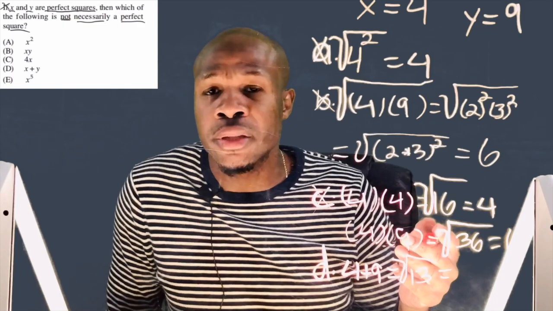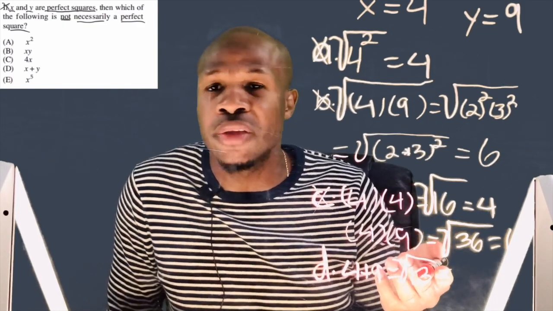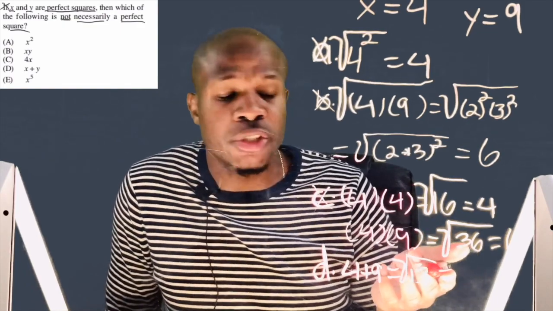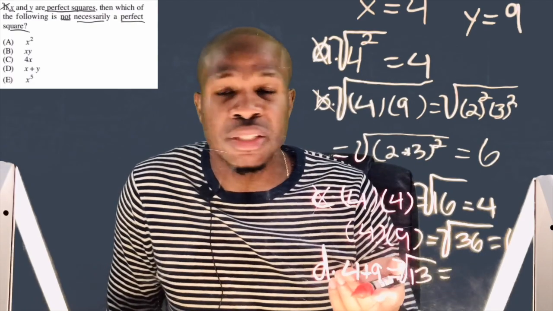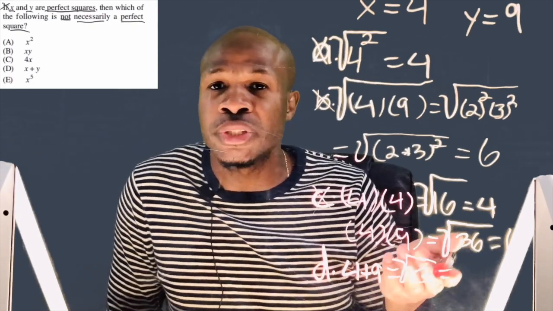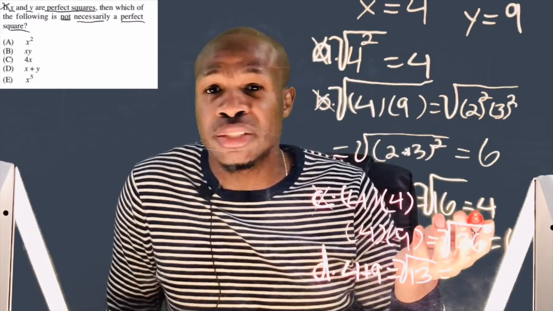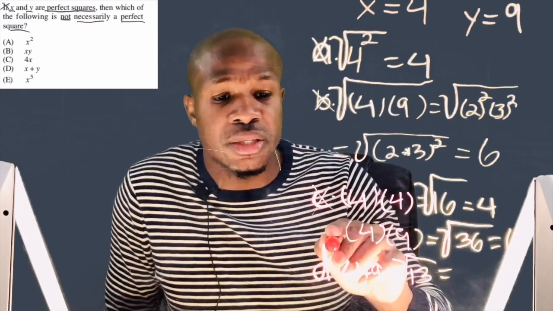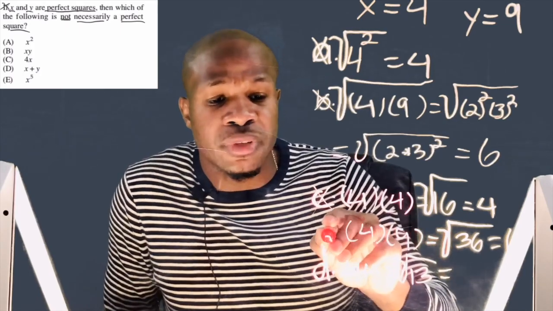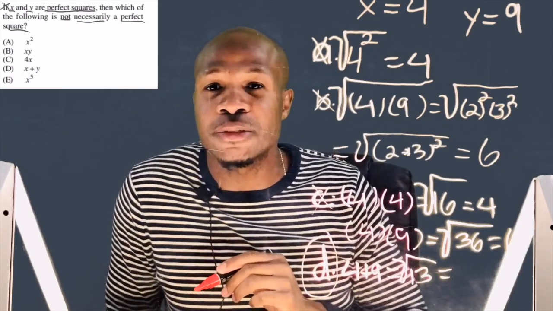There's no integer I can think of that when you multiply it by itself, you get 13. We can try. 2 times 2 is 4, so 2 is not the answer. 3 times 3 is 9, so 3 is not the answer. 4 times 4 is 16, and I'm already past 13, so no. This does not give me a perfect square, and that's my answer.